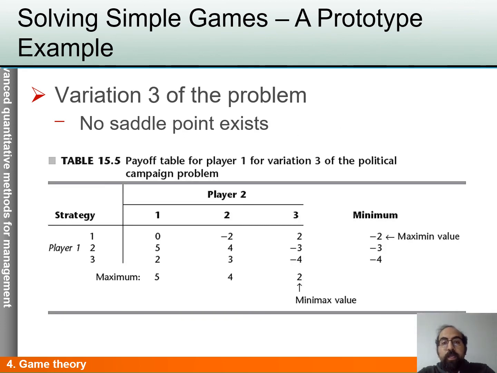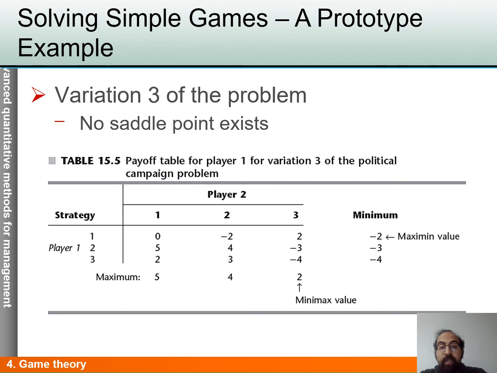So in variation 3, we review a situation where we don't have a saddle point. As you see here, by calculating maximin and minimax, the optimal solution for player 2 here is -2.